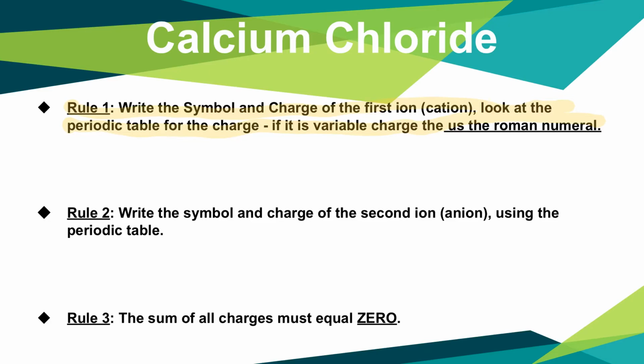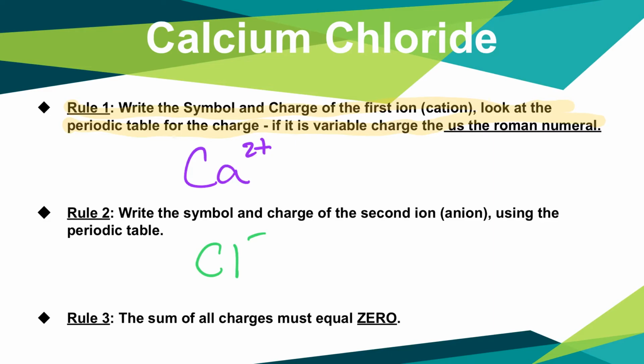So for calcium chloride, the symbol for calcium is Ca, and the charge of calcium is 2 plus. Rule 2, write the symbol and charge of the second ion, the anion, using the periodic table. So Cl minus.